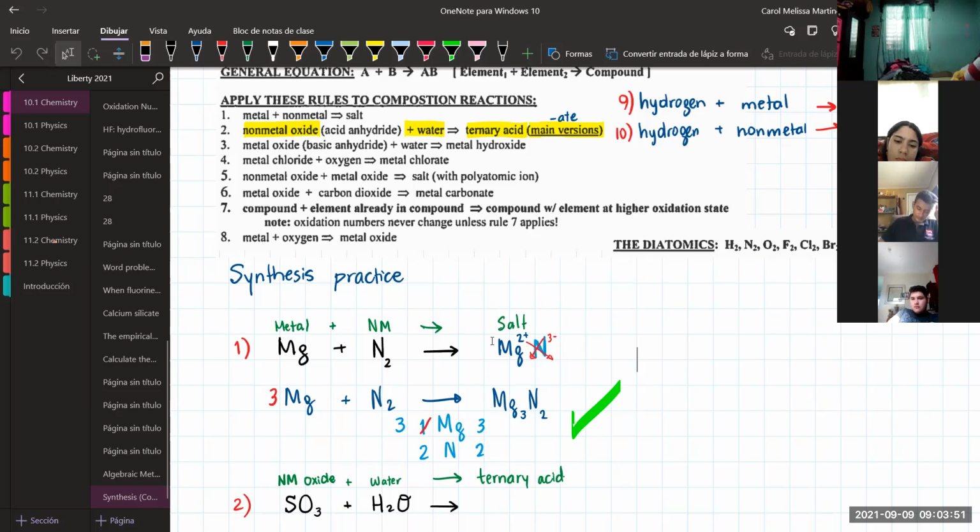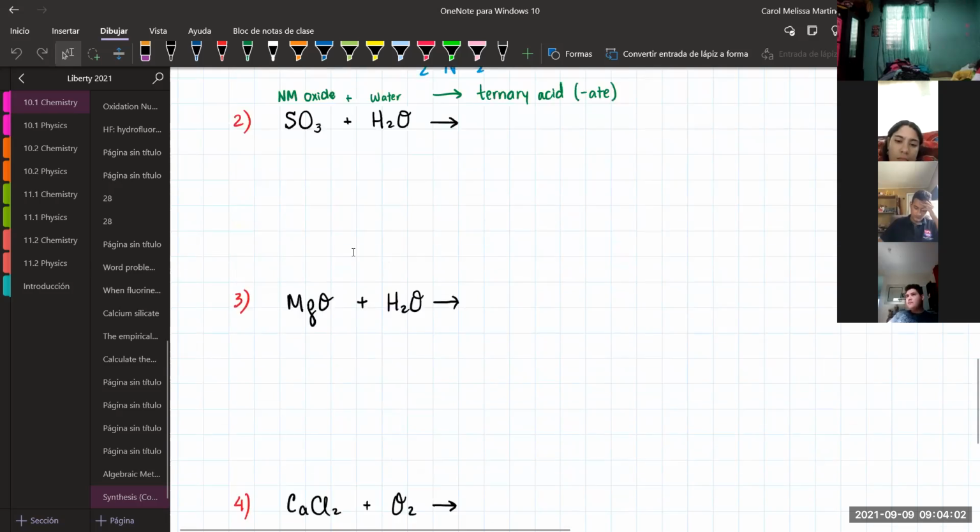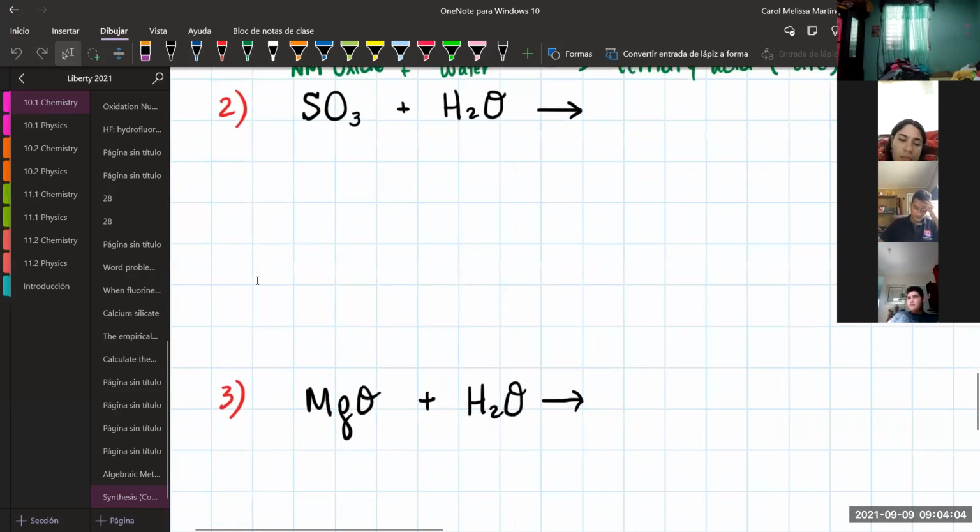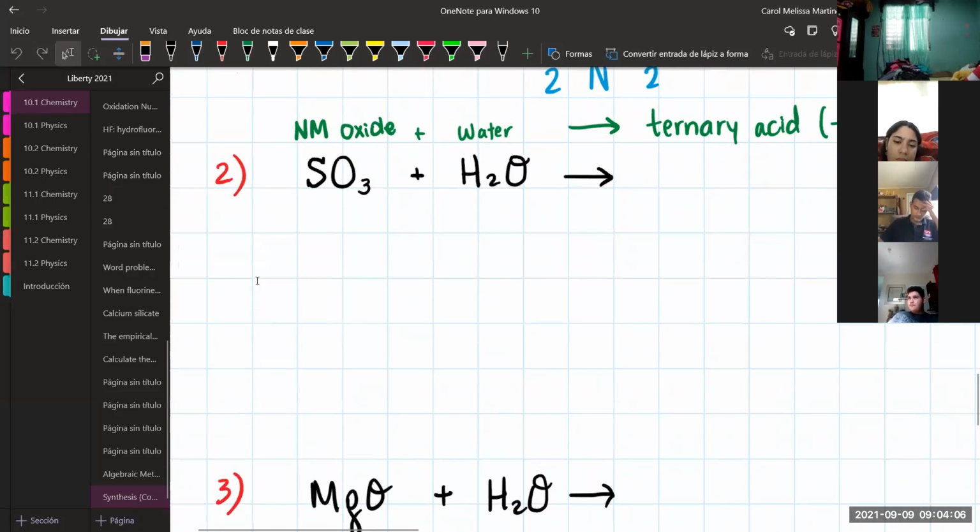okay? And let me tell you, this is the one that ends in ATE, okay? The one that ends in ATE. So this is a little bit more complex, so I need your full attention on this one. Okay, you know that all acids are combined with hydrogen, and because it is a ternary acid, we're talking about a polyatomic ion, okay?